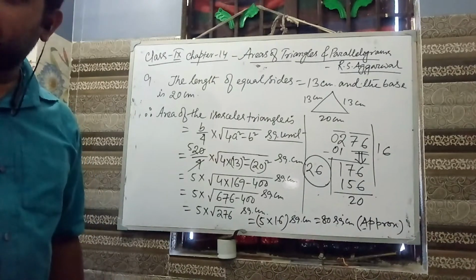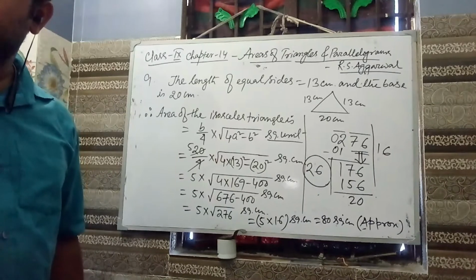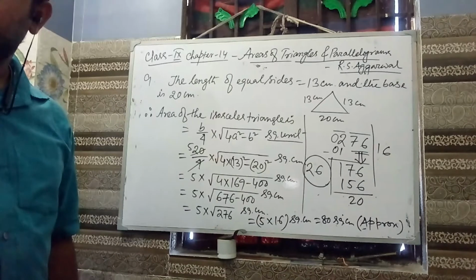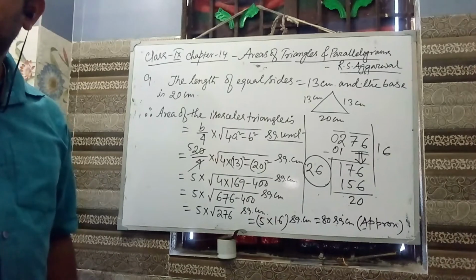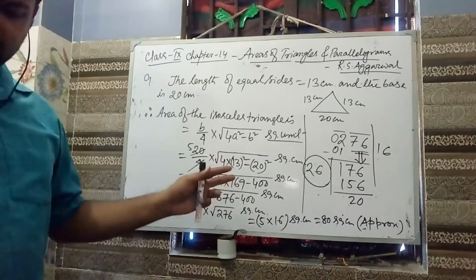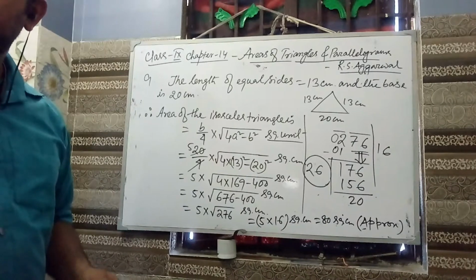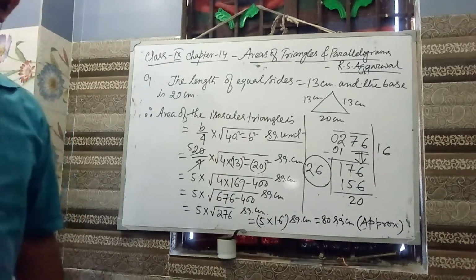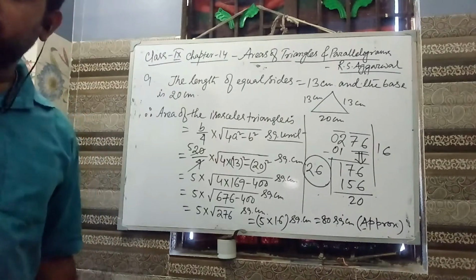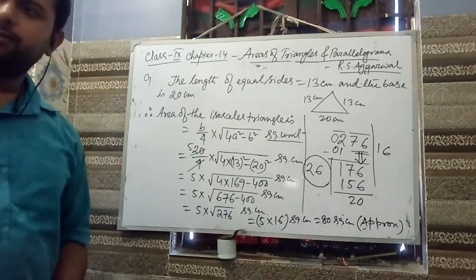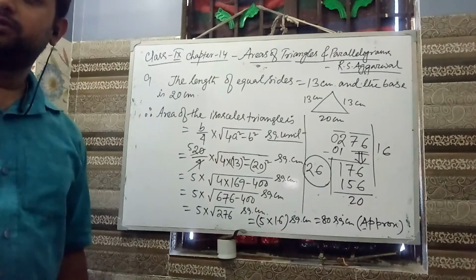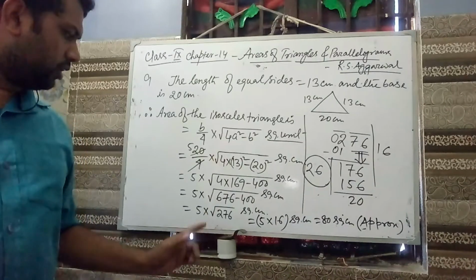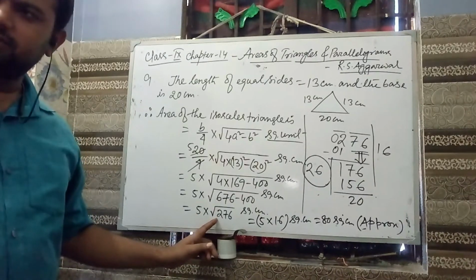Someone replied that he had the answer 83.06. Who is that? Who got the answer 83.06? Reply. Devrup Datra, 83.06. Devrup, you got it, root over 276.